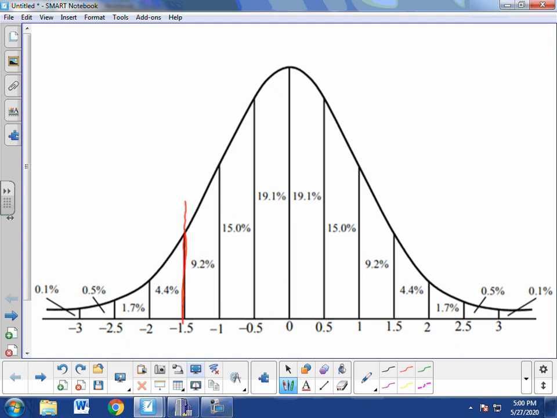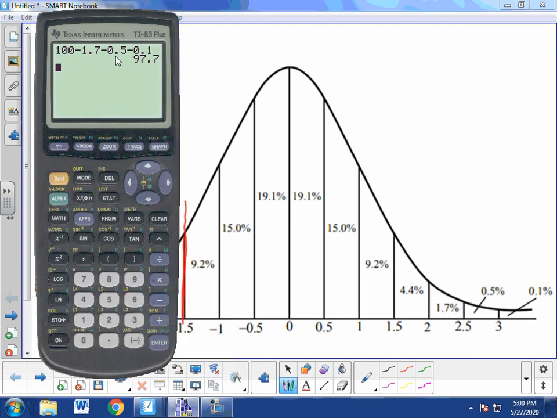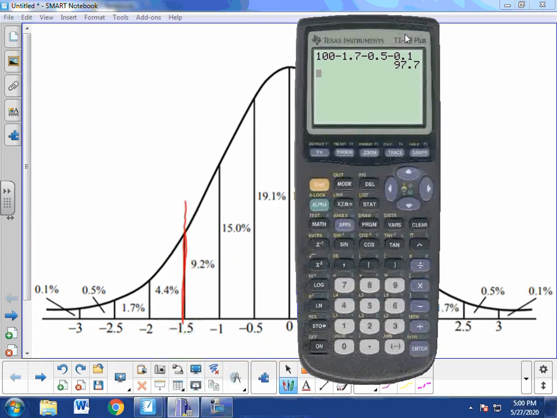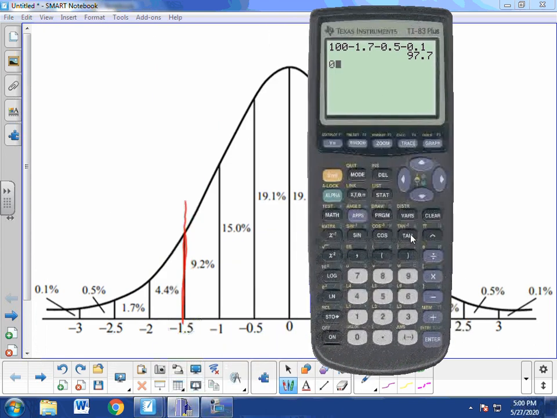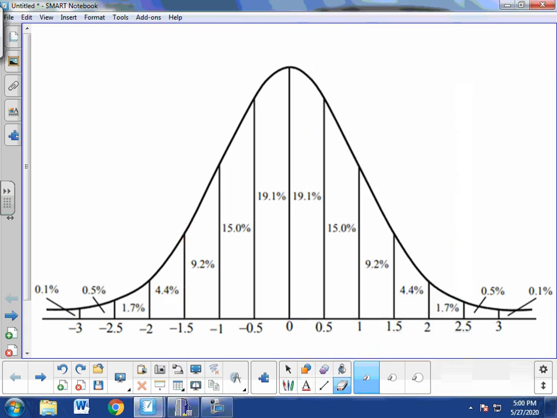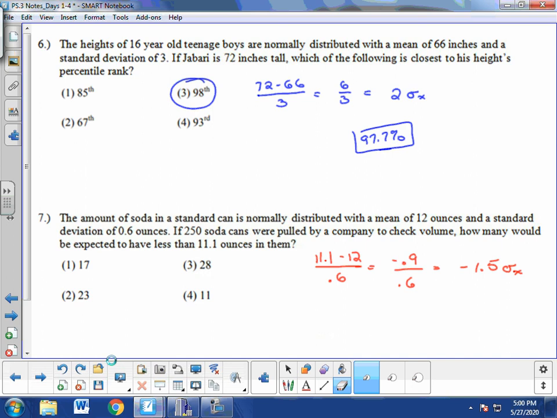So we can find the percentile there by adding together the percentages. So 0.1 plus 0.5 plus 1.7 plus 4.4. So 6.7% of cans would be broken. Or sorry, not broken.